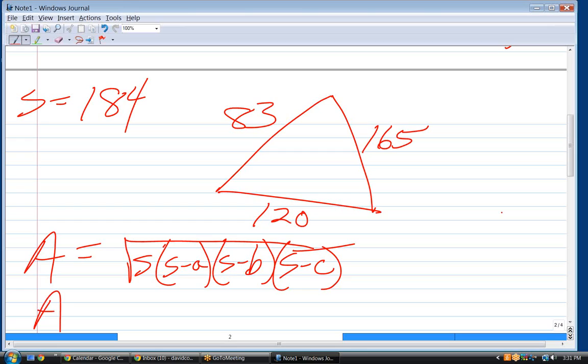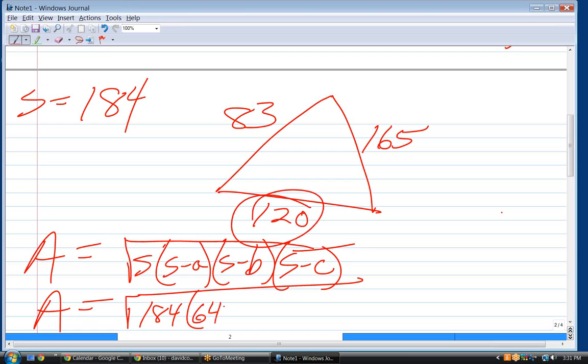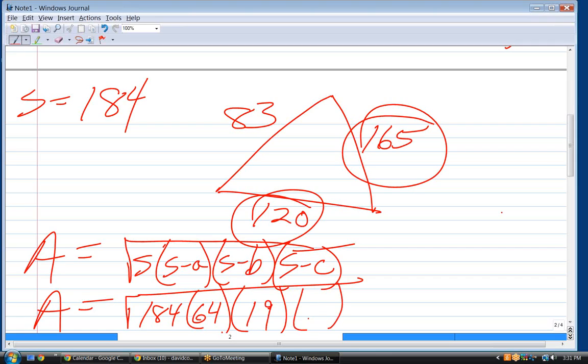So our area would be the square root of 184 times S minus one side. If I take that side, I got 64. If I take this side here, I got 19. And if I take the third side, I got 101.